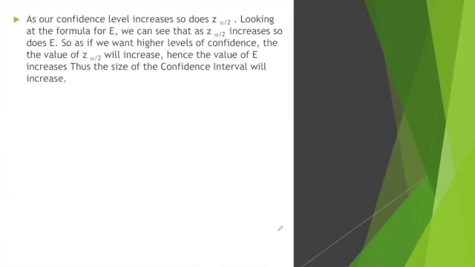So as our confidence level increases, so does z sub alpha/2. Looking at the formula for error bound, we can see that as z sub alpha/2 increases, so does our error bound. So if we want higher levels of confidence, we're going to have a bigger z. Hence, the value of E will increase, and thus the size of our confidence interval will increase.